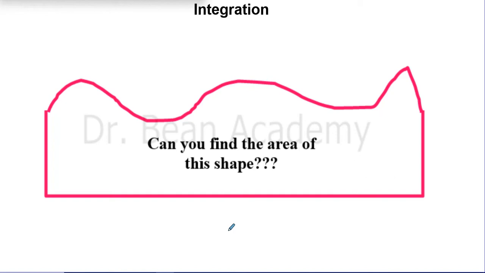How can we find the area of this shape? One idea could be, actually it is not my idea, this idea was discovered long ago, but I will talk as if we are exploring this method. So I tell you a method for how we can find the area of this shape.